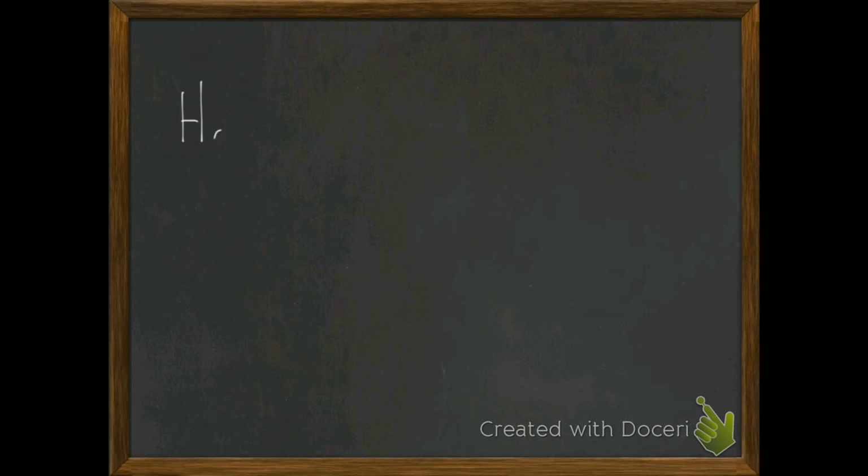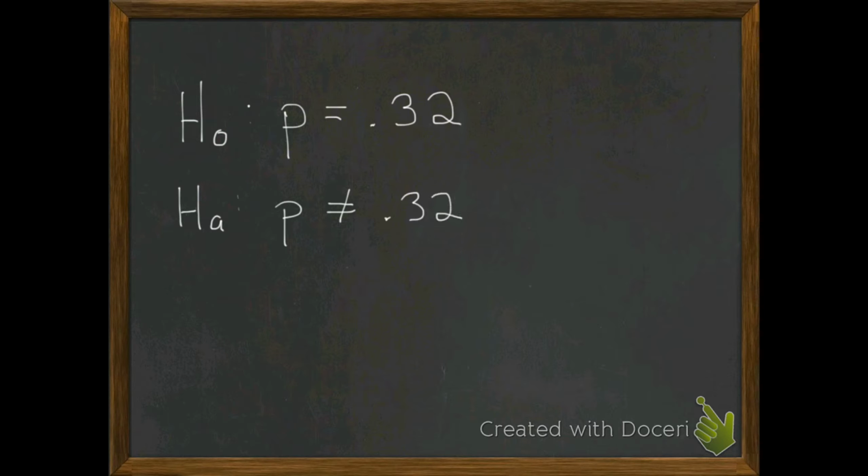So let's say that, just for the heck of it, someone claims that 32% of Ohioans prefer Obamacare, or the Affordable Health Care Act. And for some reason, someone would like to test this, but they don't prefer to perform a directional test.